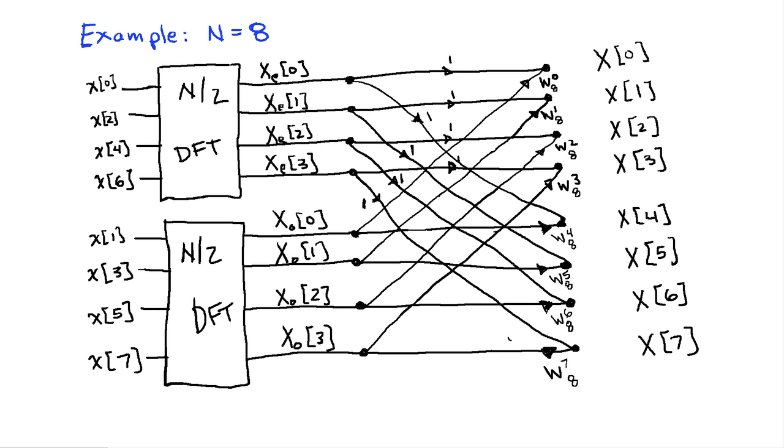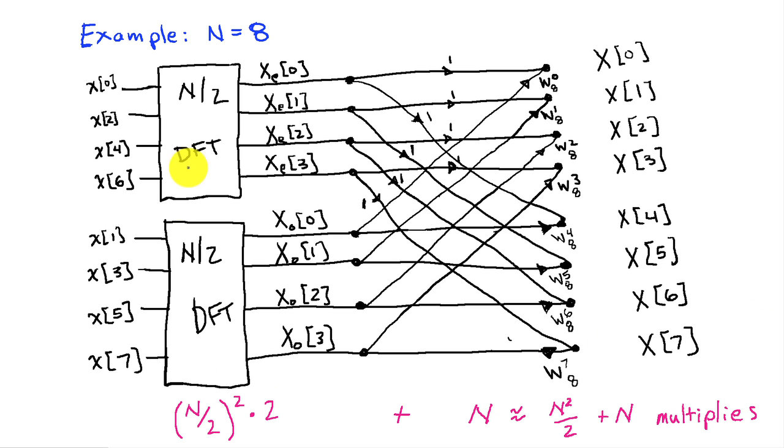If we look at the computational count of doing this kind of splitting, we see that we have two N over 2 point DFTs, and if we implement those just directly according to the equation, we're going to have N over 2 squared multiplications, and we have 2 of those. And then on the right hand side of the diagram, we have multiplies by these W sub 8's raised to various powers.